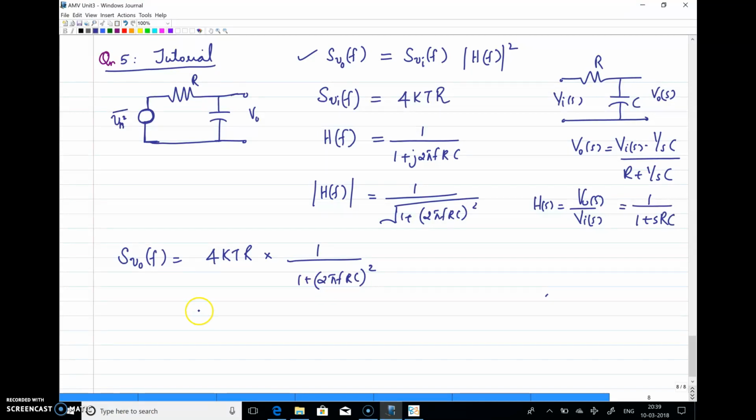This can be further written as 4kT R into 1 by 1 plus 4 pi square F square R square C square, which is your SVo of F, the noise spectrum.